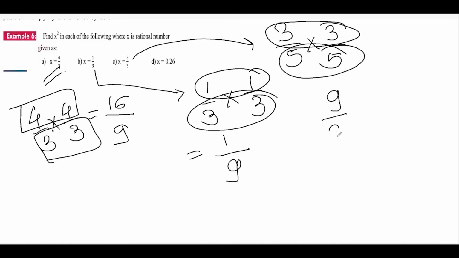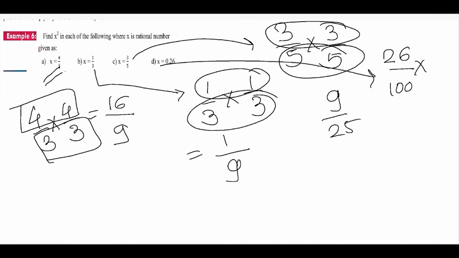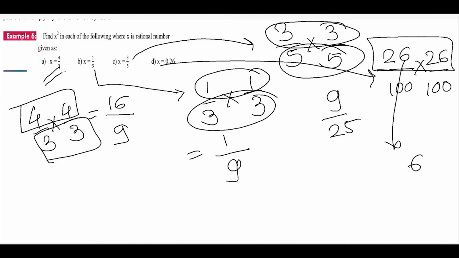upon 25. And in case of 0.26, you can find the solution in a number of ways. You can convert it into the base of 100 and then you can multiply this. This will give you the value 676 and 4 zeros.